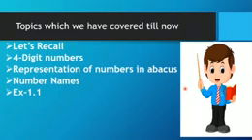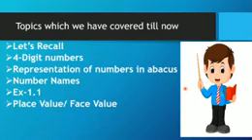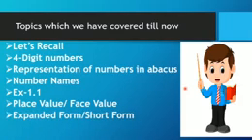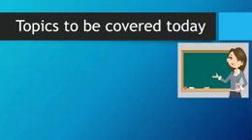Then based on these 3 topics, we did exercise 1.1. Then another topic we did, that was place value, face value, then expanded form and short form. And then based on these 2 topics, place value and expanded form, we did exercise 1.2.